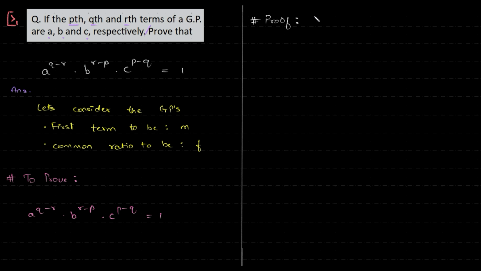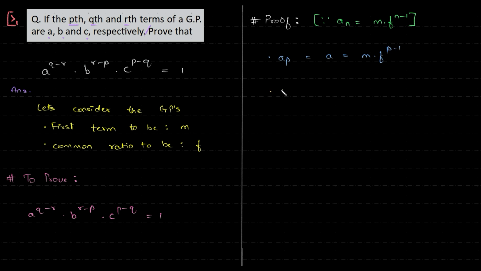The first thing is I will write down the formula. In this case, please note that it is M into F to the power of N minus 1, because I'm taking M as the first term and F as the common ratio. Does it make sense? And now I'll write A_P is equal to A. The Pth term is A, and this is M into F to the power of P minus 1.